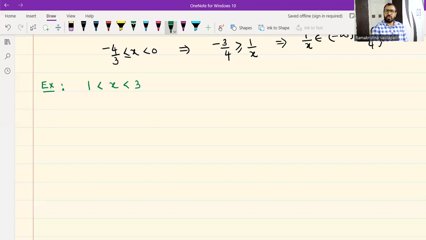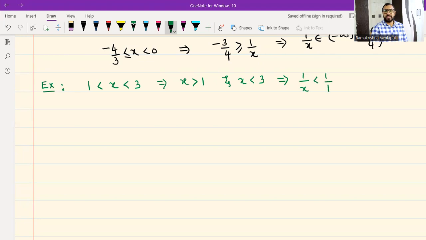This is nothing but a combination of two inequalities, x greater than 1 and x less than 3. When you take reciprocal here, the inequality will be reversed.